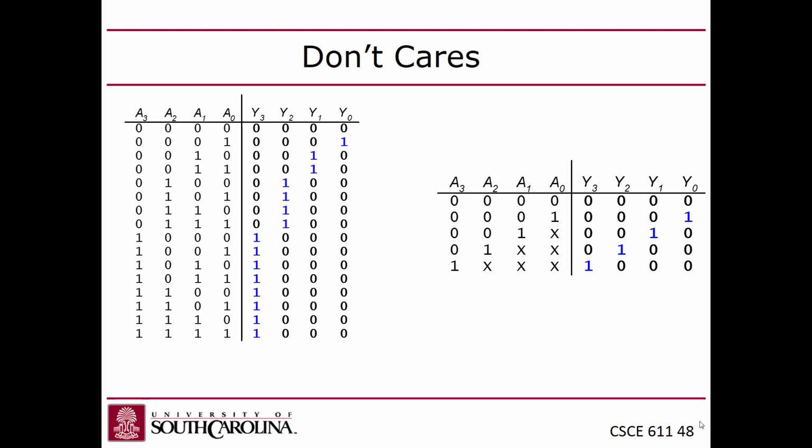So there would be 2 rows. Because I have one don't care as an input, this row would get expanded into 2 rows. The next one down has 2 don't cares, so this row would be expanded into 4 rows. You guys with me? Does this help us simplify this circuit? Not necessarily. It's just a shorthand, right? But that's because the don't cares are on the inputs, not the outputs.